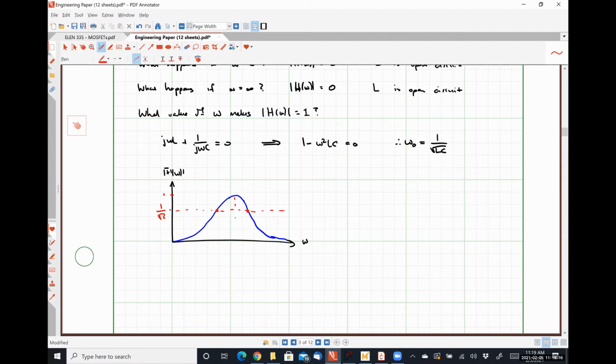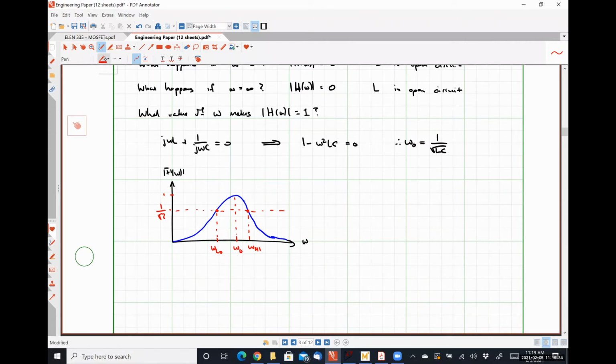Our peak value occurs at omega naught. And we have this guy over here, which we're going to call omega low, and this guy right here, which we're going to call omega high.